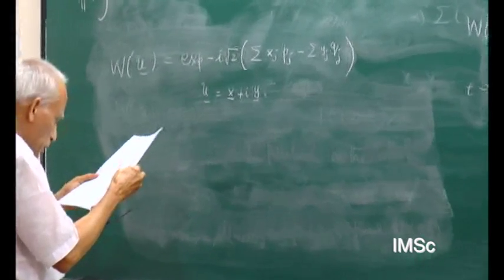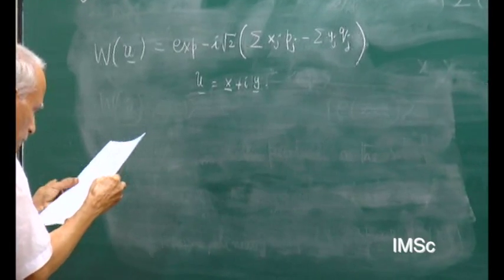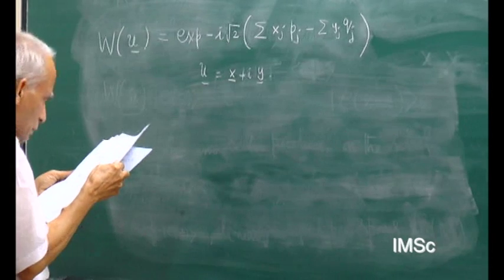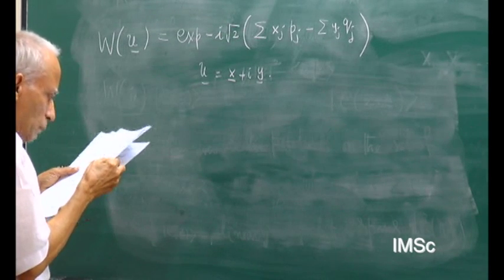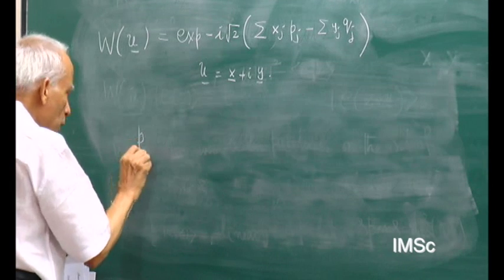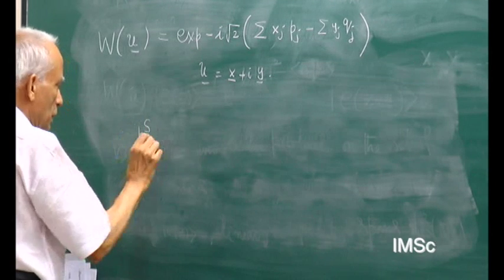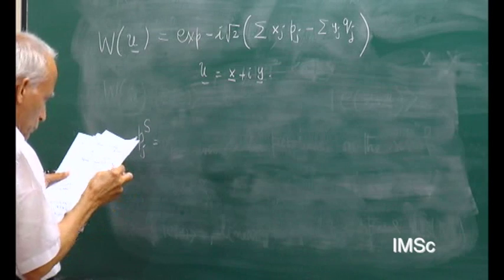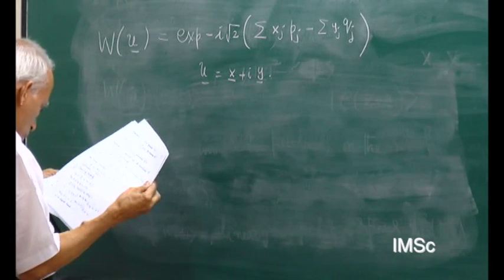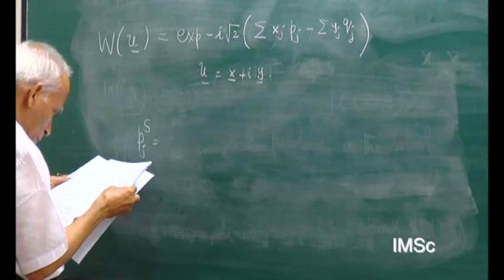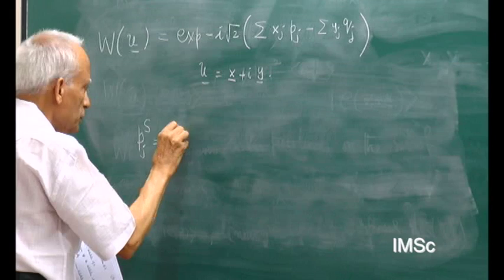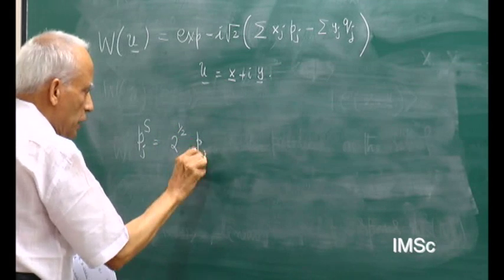If you make a small change here, namely, if I change P_j, I will write here P_j^S, that is equal to 2 to the half P_j, which comes here.